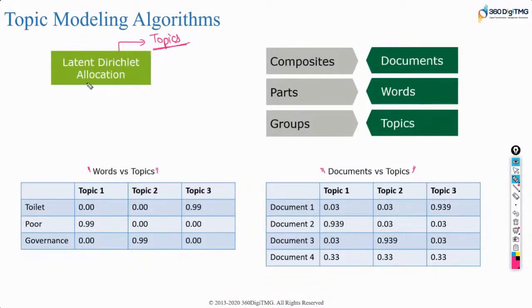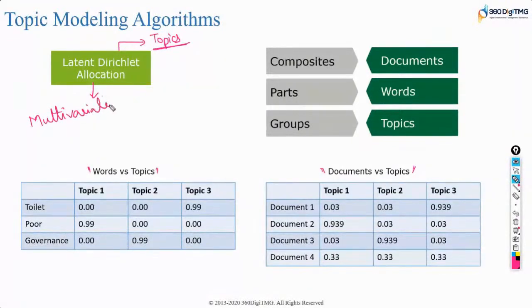And LDA is based on a concept. These are all probability values which exist. And you have multiple probability values. In one place you have different documents, different topics, different words. This kind of multivariate distribution.